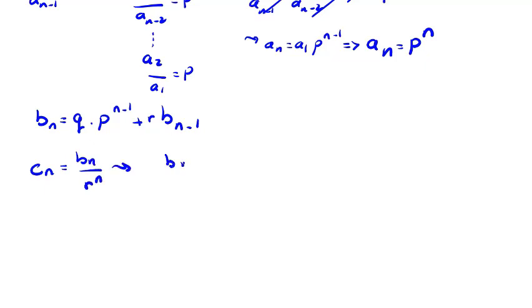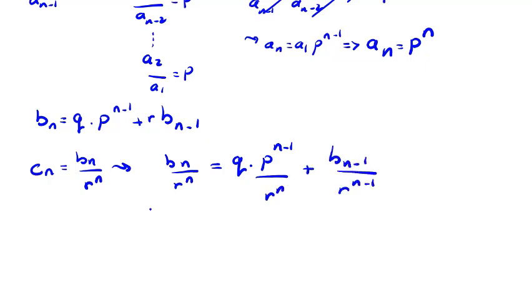If we divide both sides by r to the power of n, it will be q p to the power of n minus 1 over r to the power of n plus bn minus 1 over r to the power of n minus 1. So we have cn equals cn minus 1 plus q p to the power of n minus 1 over r to the power of n.